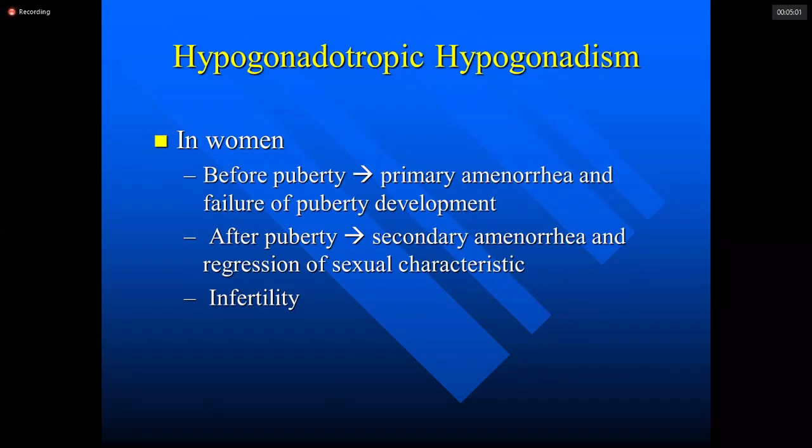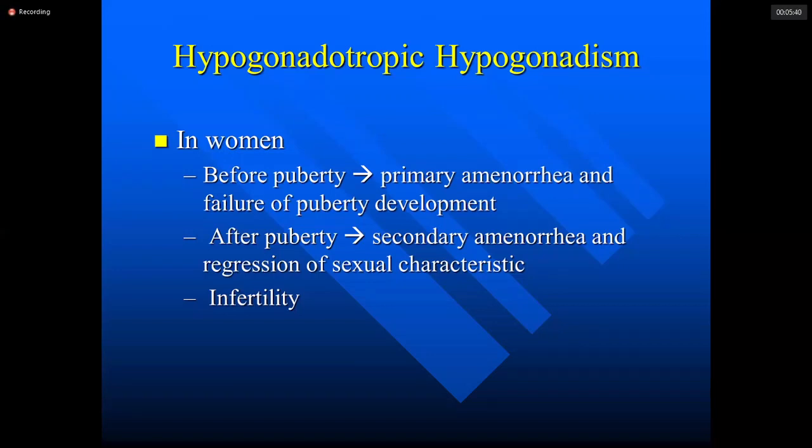In women who have hypogonadotropic hypogonadism, when the deficiency in FSH, LH, or estradiol happens before puberty, then there will be no menarche and no development of puberty and its manifestations. While if the lesion becomes evident after puberty, then there will be a regression of these secondary sexual characteristics, like breast atrophy, and there will be cessation of menstrual cycles.